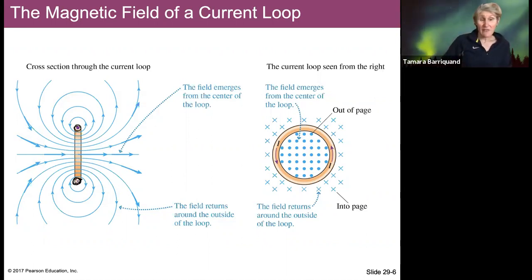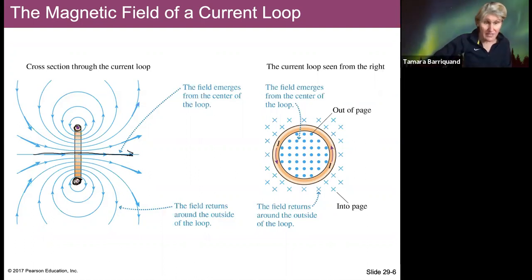And so if I take my trusty right hand and put my fingers in at the bottom and have them curl out at the top, my thumb will then point in the direction of the magnetic field. So my thumb will point from left to right, right in the center of my loop. And that will show me that the magnetic field is going from left to right.